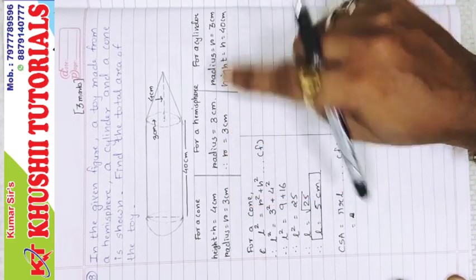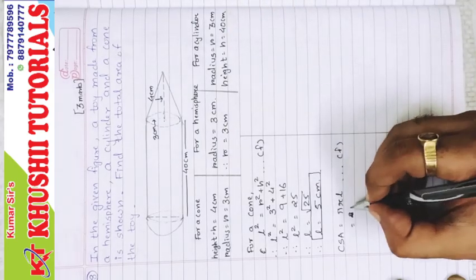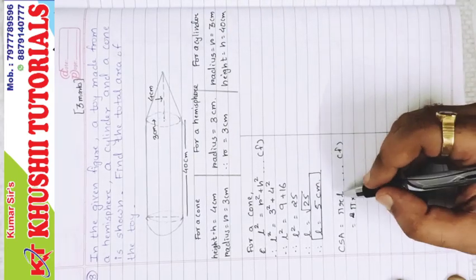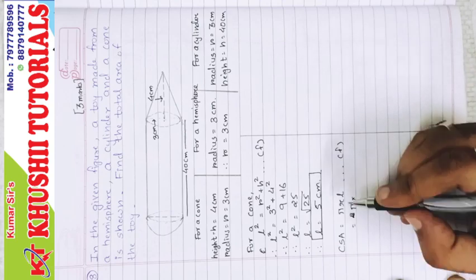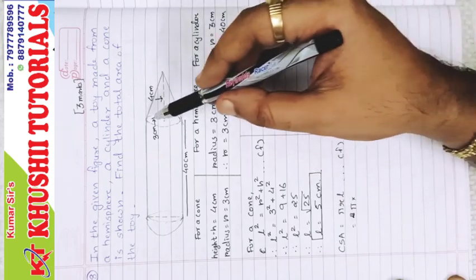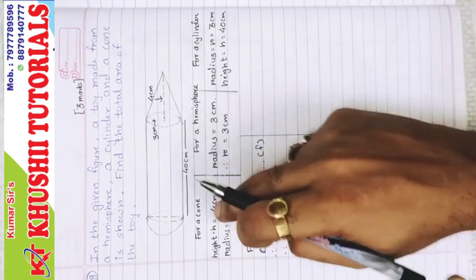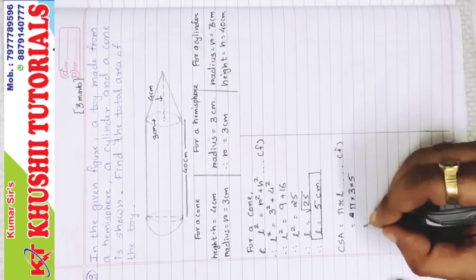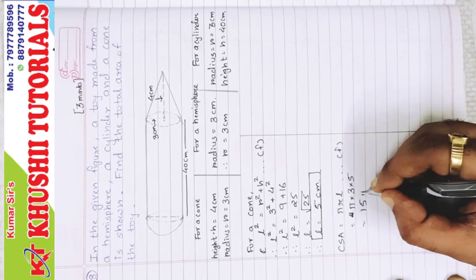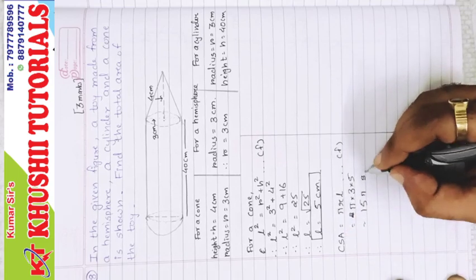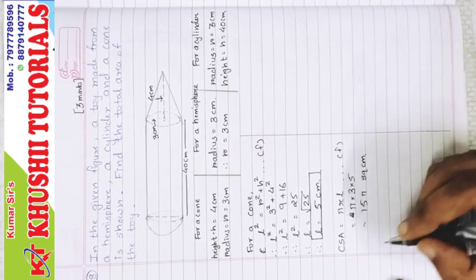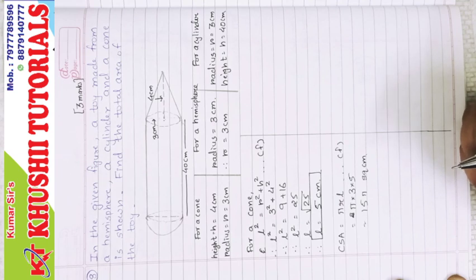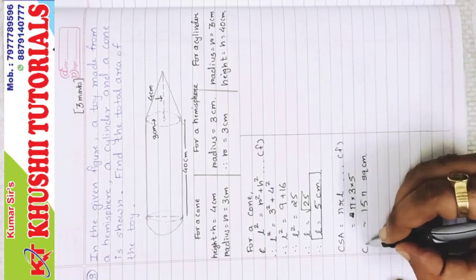If every figure has pi, we'll keep pi as pi, so we can take it out as common, and then finally we will calculate. Our radius is 3 for cone, right? And slant height is 5. So 5 3s are 15 pi square centimeter. So this is CSA of cone. I'll mark it as CSA 1.